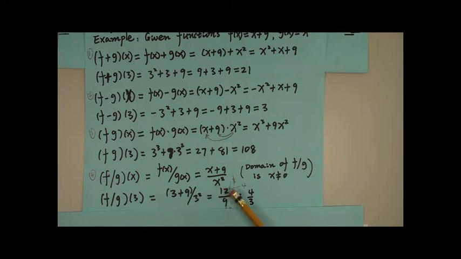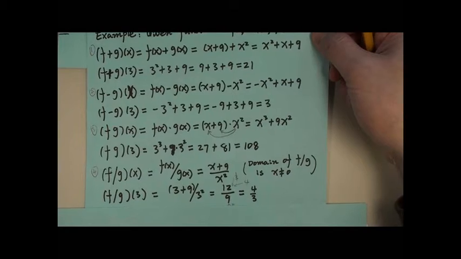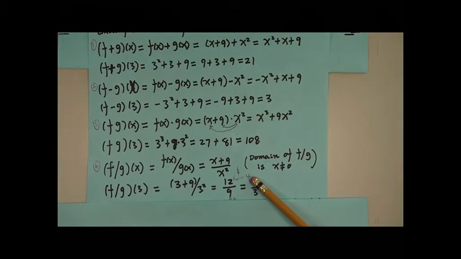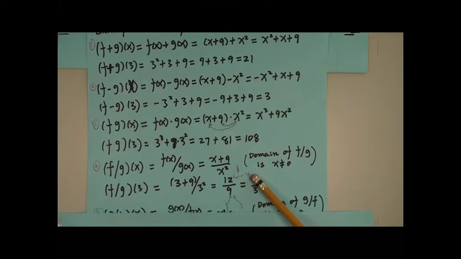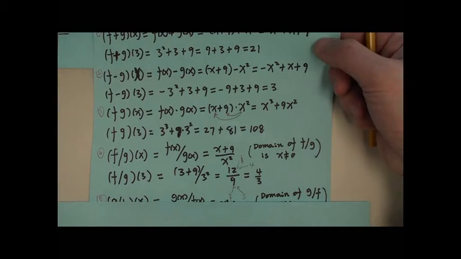Okay, and that's 12. Downstairs is 3 squared, which is 9. Okay, now we know 12 is 3 times 4, and 9 is 3 times 3. So you cancel 3, you have 4 over 3. So that's the final answer, 4 over 3.